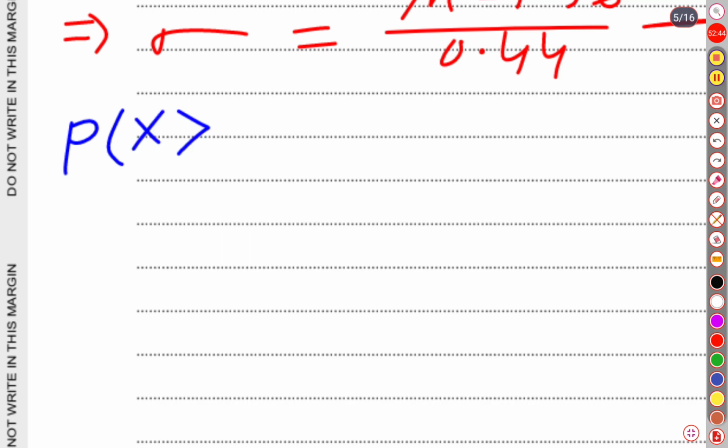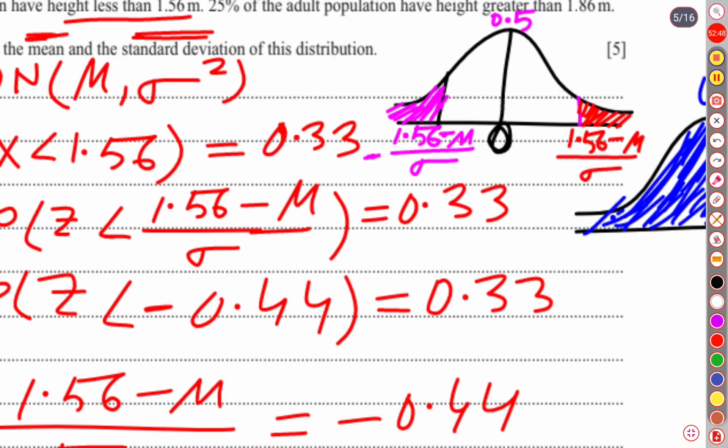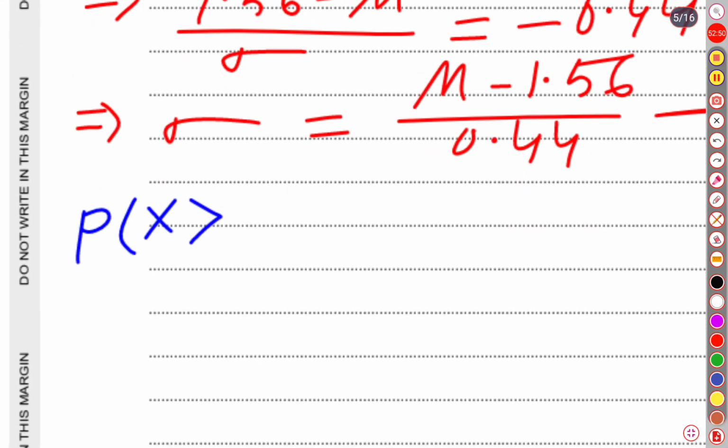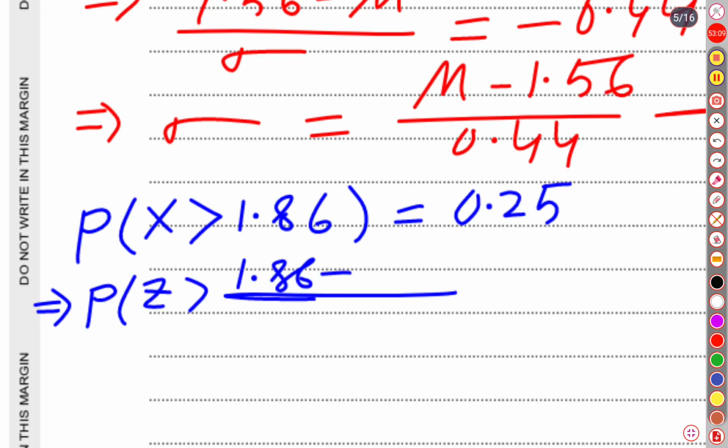Look at this once again. We are seeing it is greater than 1.86, and the probability given is 0.25, which means 0.25. So if we standardize the score, it's all the same actually. Z is greater than 1.86 minus mean over standard deviation, equal to 0.25.